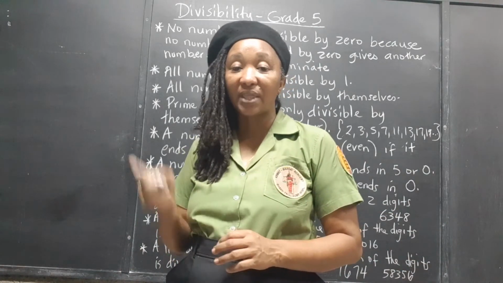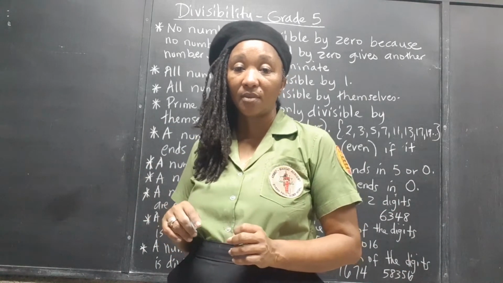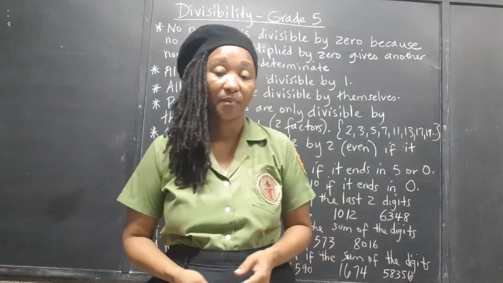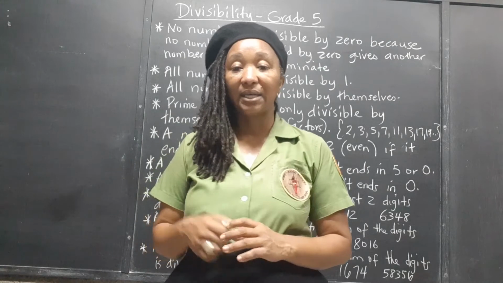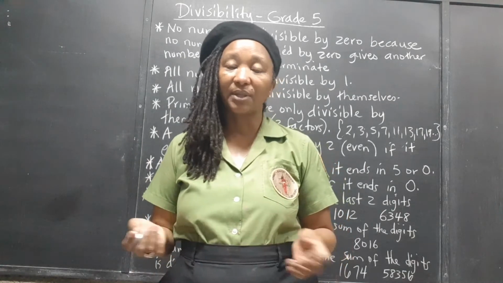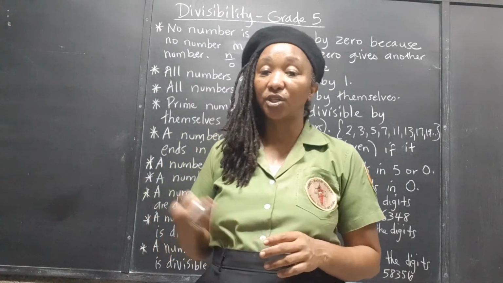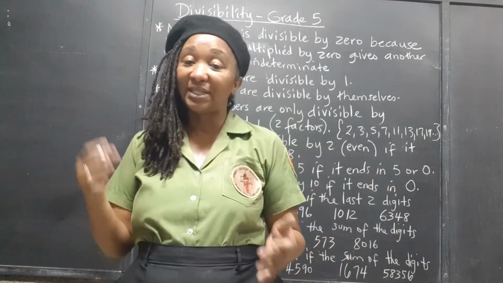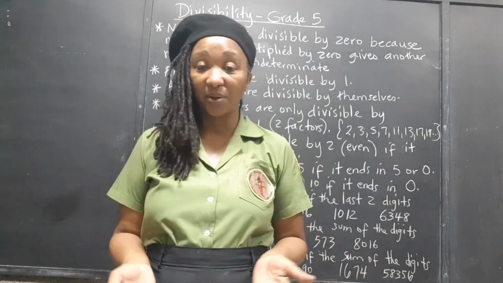Once it ends with a 0, or 2 zeros, 3 zeros, 9 zeros, it is divisible by 10. And I think most persons just know that off the bat, right? You look at a number, it has a 0 at the end, 10 can go into it.